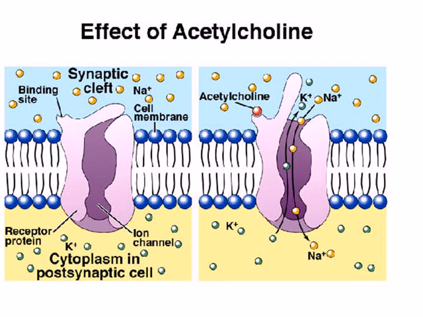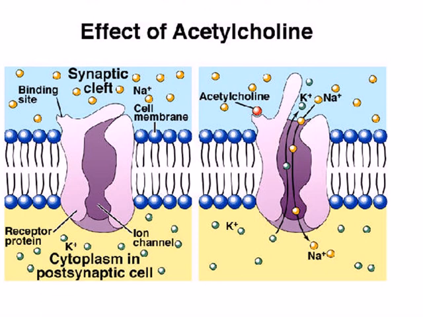It should also be noted that potassium is able to move through this gate, and therefore, due to the concentration gradient, potassium leaves the cell, but at a much slower rate than the entry of sodium. The end result is that the intracellular side of the membrane at the motor end plate becomes more and more positively charged.